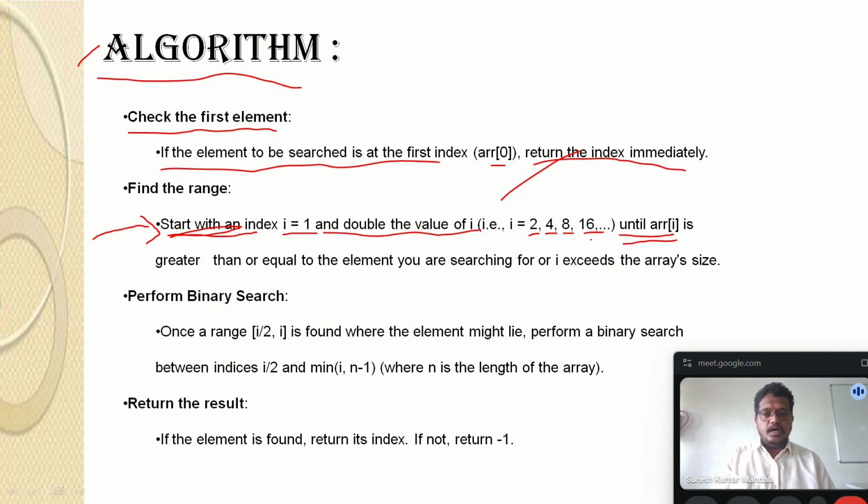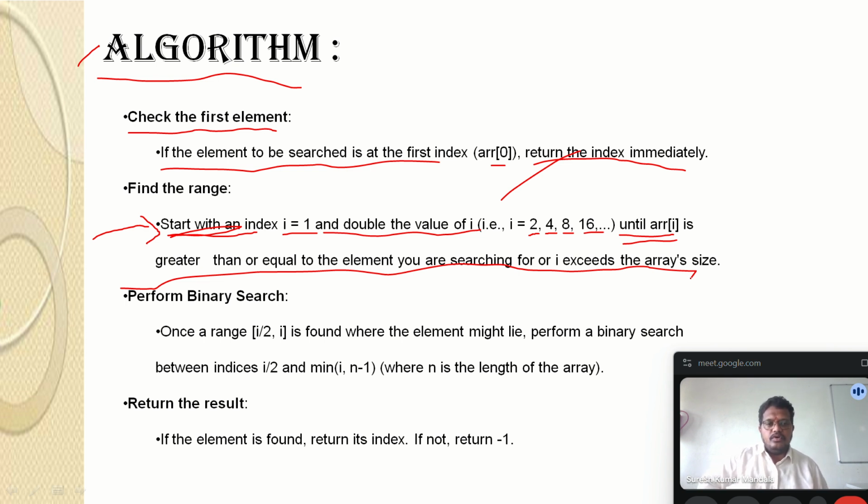Until AR of I is greater than or equal to the element you are searching for, or I has exceeded the array size. Up to that point we have to double the index number to search for the particular element.